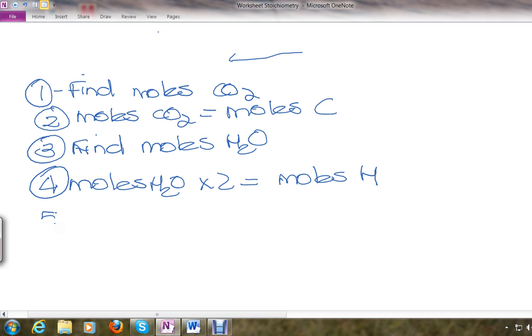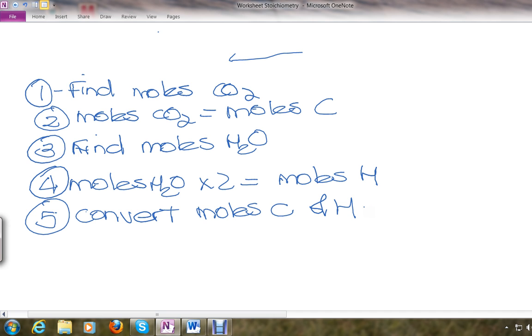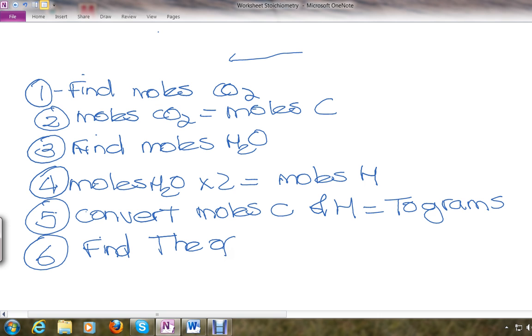Now, step number 5 would be convert moles of carbon, not CO2, moles of carbon and hydrogen to grams. Why? Because next, step 6, we're gonna find out the grams of oxygen. How can we find the grams of oxygen in the sample, in the compound?